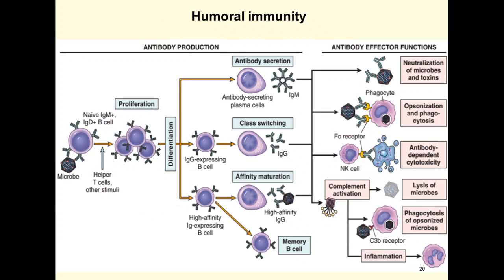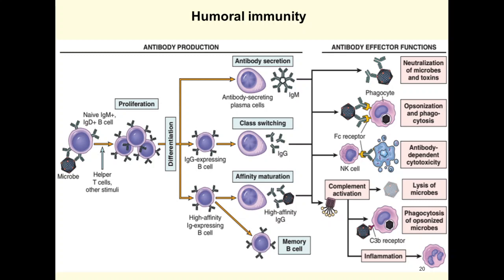Humoral immunity. Humoral immunity is about B cells. Always about B cells. So, what do we have here? Again, naive B lymphocytes recognize antigens, and under the influence of T helper cells and other stimuli, the B cells are activated to proliferate and to differentiate into antibody-secreting plasma cells.